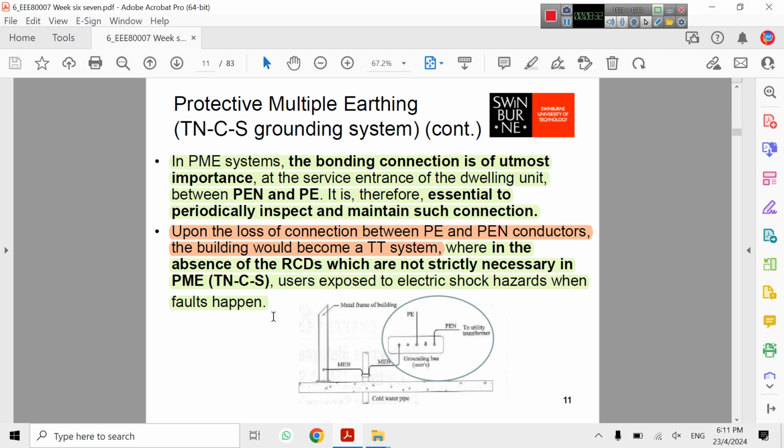From my viewpoint, mostly the system used in the world is TN-C-S, so otherwise it is not forced to use RCDs. Use RCDs with a not small value, meaning not 30 mA; around 300 milliamps should be good for protection against any fault and electrocution hazard.